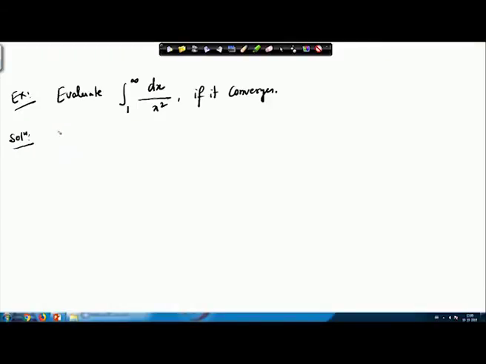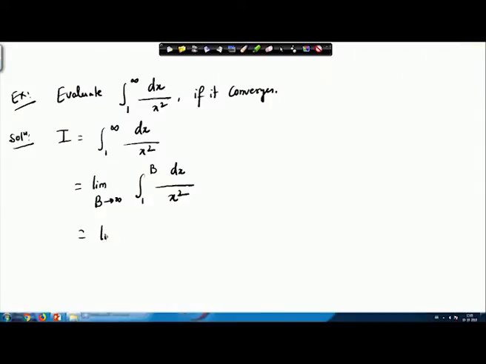So, here I can write I as the integral from 1 to infinity of dx by x square, and now I can write it as the limit b goes to infinity of the integral from 1 to b of dx by x square.